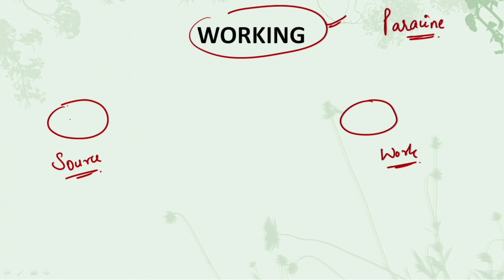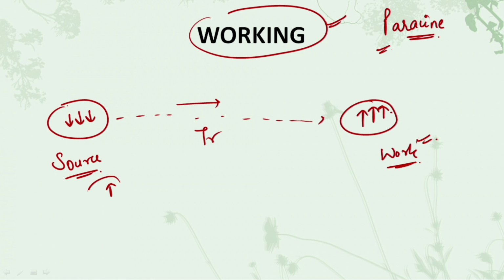In this source area, let's say the concentration of the morphogen is very low, and it travels to the next area with the help of some factor. We need not go into the depth of that. Because of this travelling, because of the paracrine action, there is an increase in the concentration in the work area.